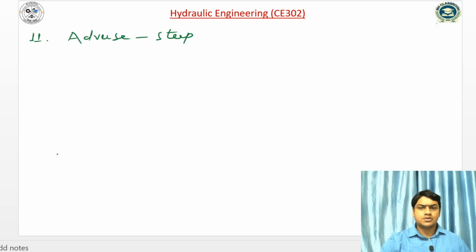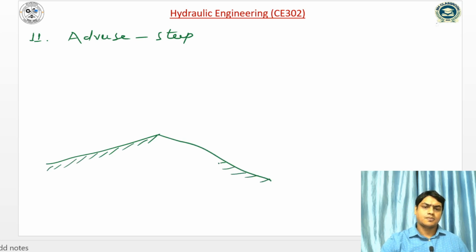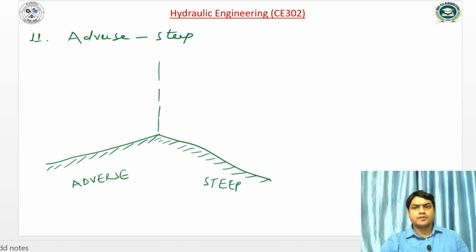Now it is adverse to steep. So let us assume this is adverse and this is steep. Adverse, steep. So I draw the critical depth line.